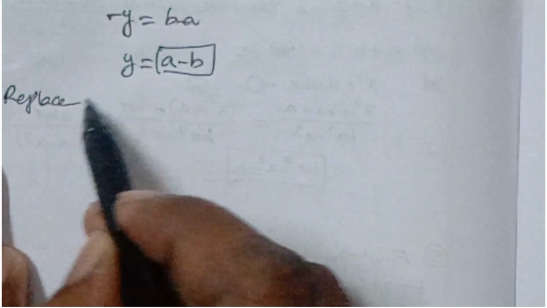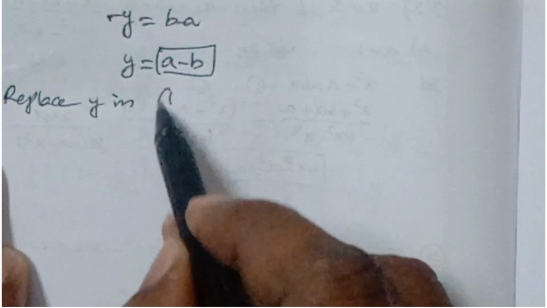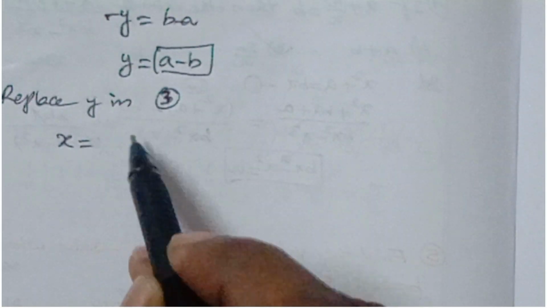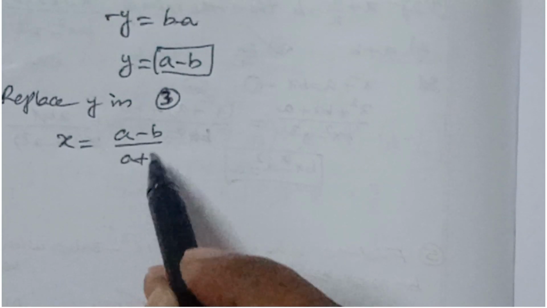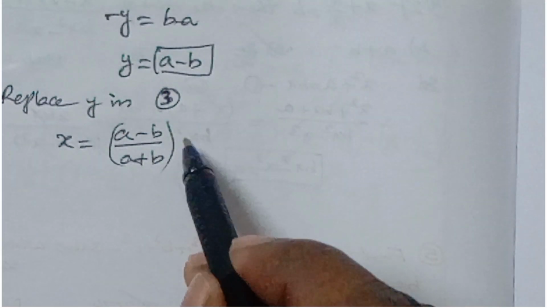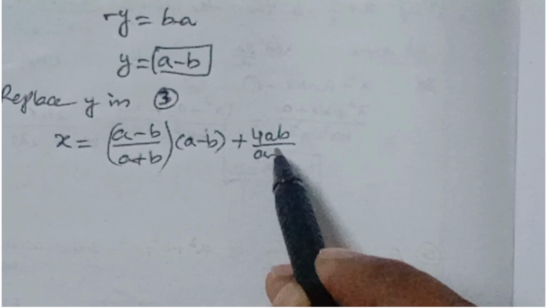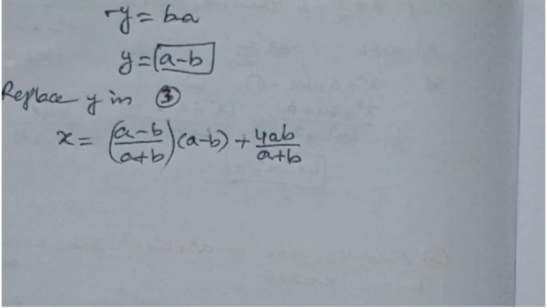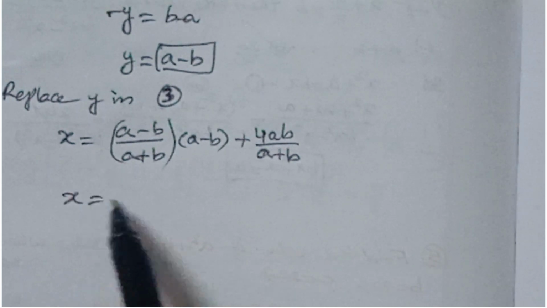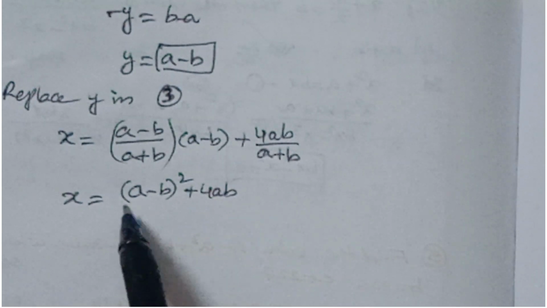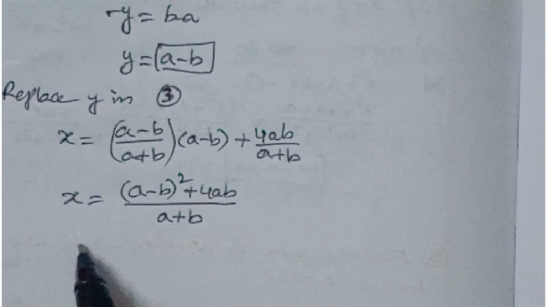Now replace y in 3. x = (a-b)/(a+b) y + 4ab/(a+b), with y = a-b. So x = ((a-b)² + 4ab)/(a+b).